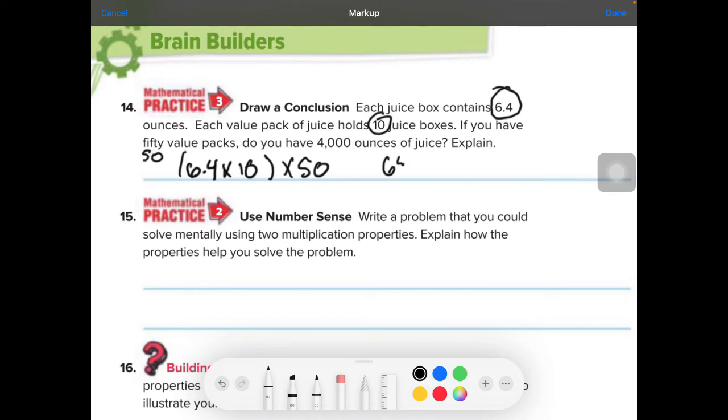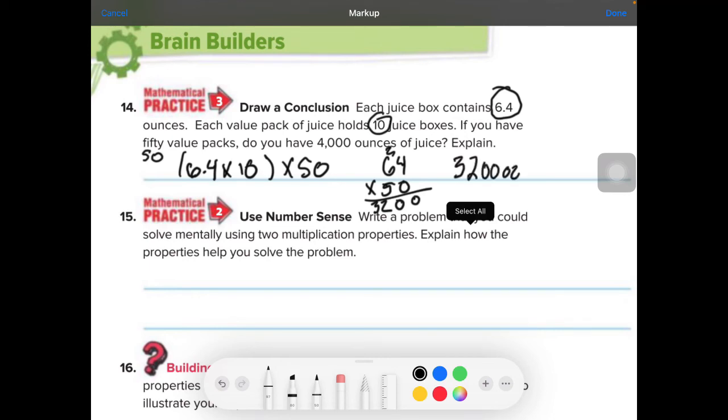Okay? So let's look at that. 6 times 4 is going to be 64. Then we're going to times it by 50. 5 times 4 is 20. 5 times 6 is 30. Plus 2 is 3,200. So 3,200, they want us to have 4,000.